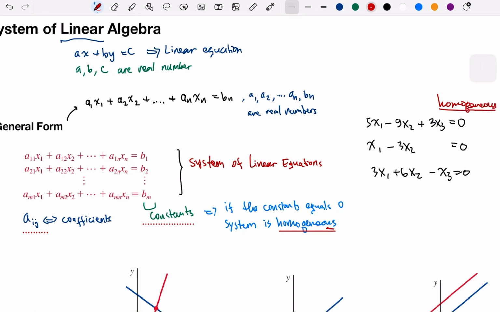This is a homogeneous system. If the system has a constant that is not 0, then it is non-homogeneous.